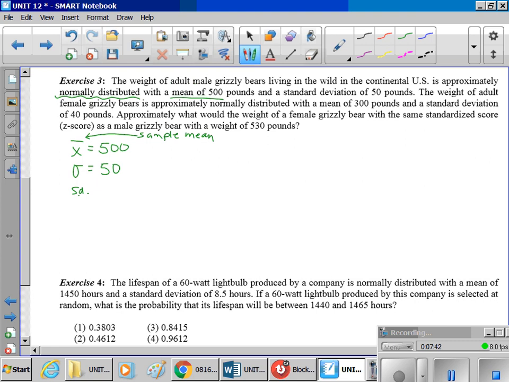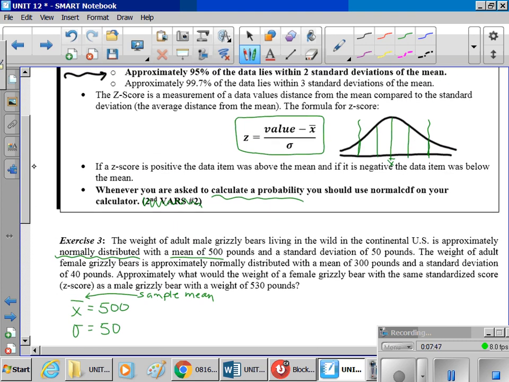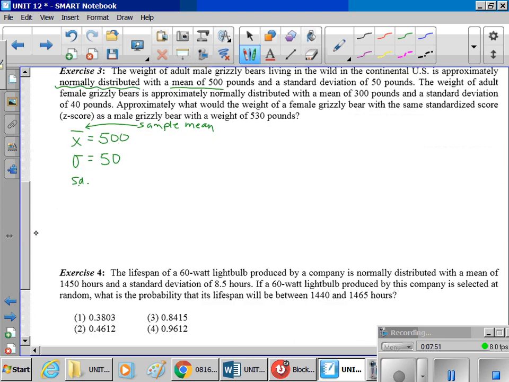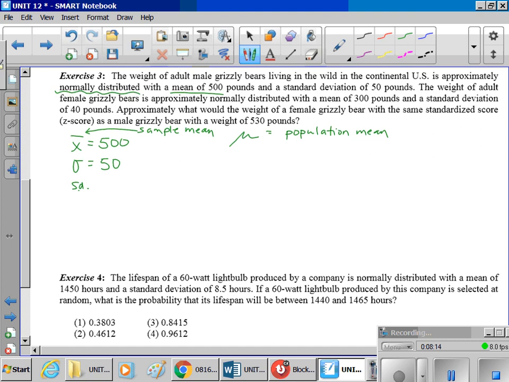Every once in a while they'll use mu to represent the mean, but mu is the population mean. So if you see mu, just remember they're talking about mean just like x bar. All right, but going back to our problem, the standard deviation is 50.